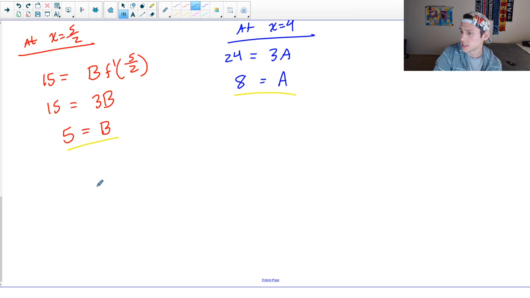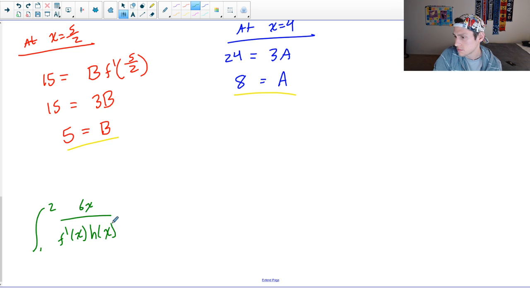So my integral transforms into the integral from 1 to 2 of, well, let me write the whole thing just so it's clear to see. So I'm going to move it over to the left. Okay, 1 to 2, 6x over f prime of x, h of x, dx.